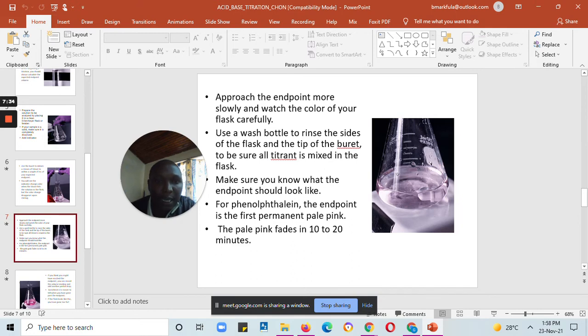You know that in acid, the indicator is colorless, and in base the color is pink. The pale pink fades in 10 to 20 minutes of your titration.